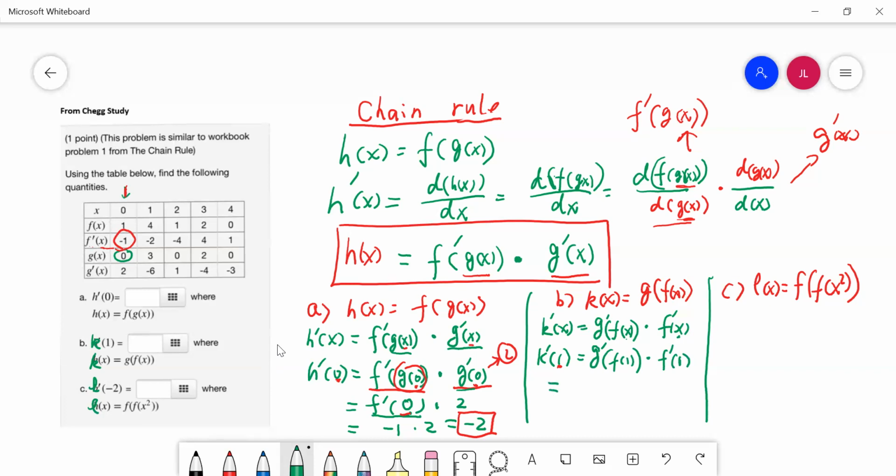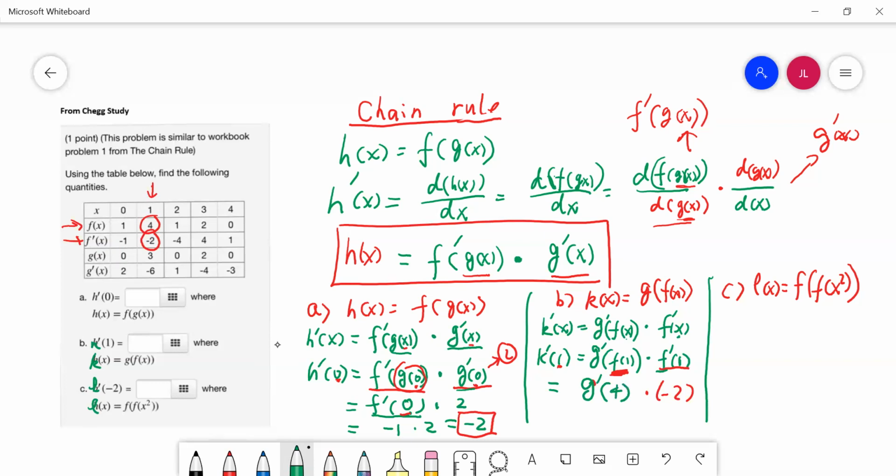We're going to look at the table. We need to find f derivative at 1, which is negative 2, and f(1), which is 4. So we can write this as g derivative at f(1), which is 4.